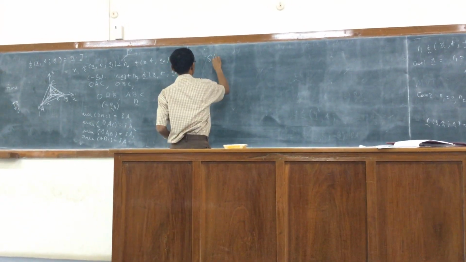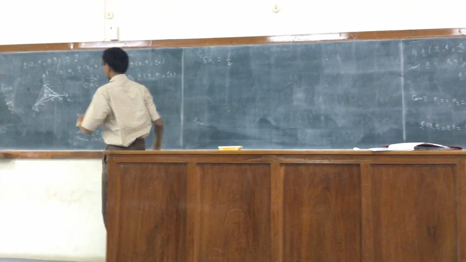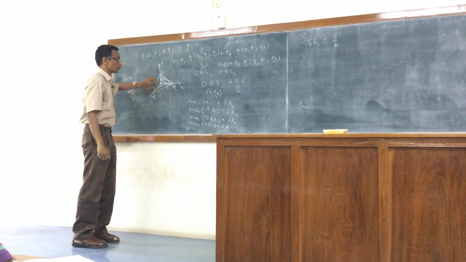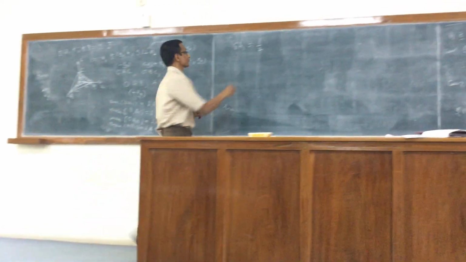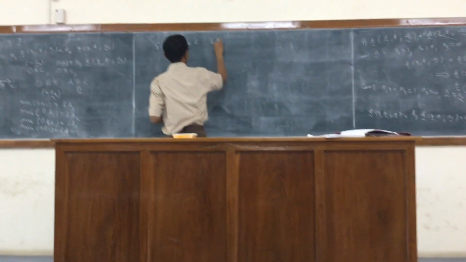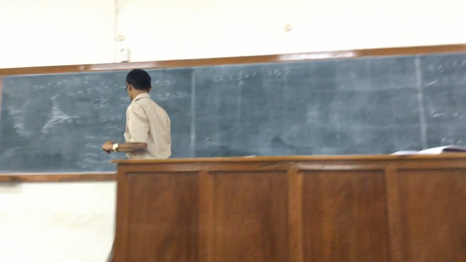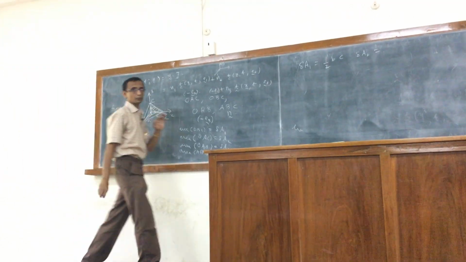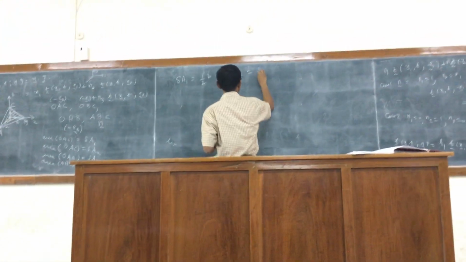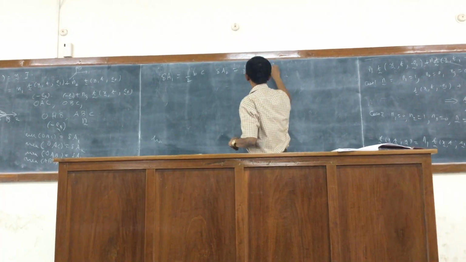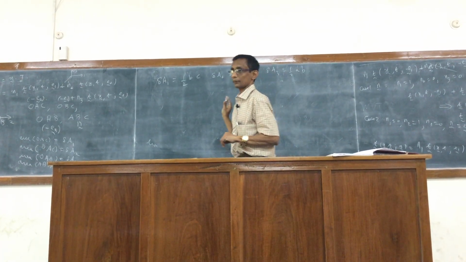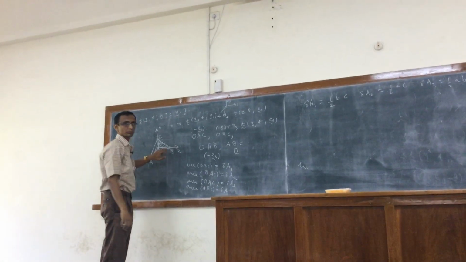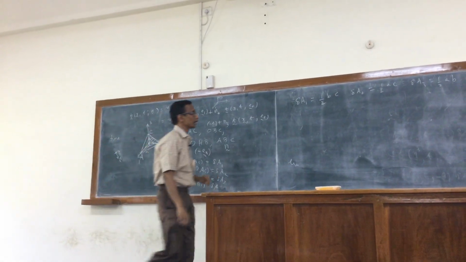Delta A1 is clearly half times, where is A1? Delta A1 is area OBC, half times B times C. Delta A2 is area OAC, so that will be half times A times C. Delta A3 is half times A times B. I will let you get an expression for the area of ABC.